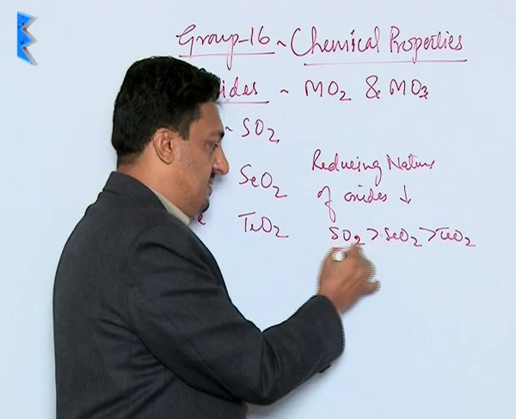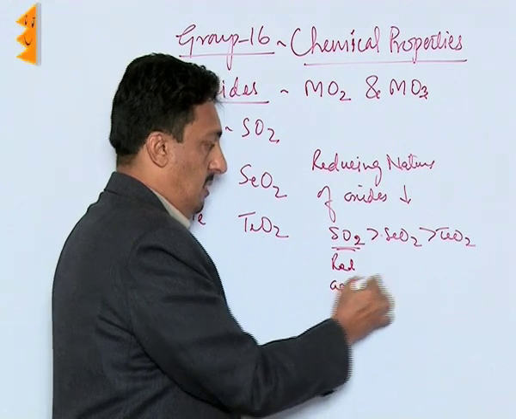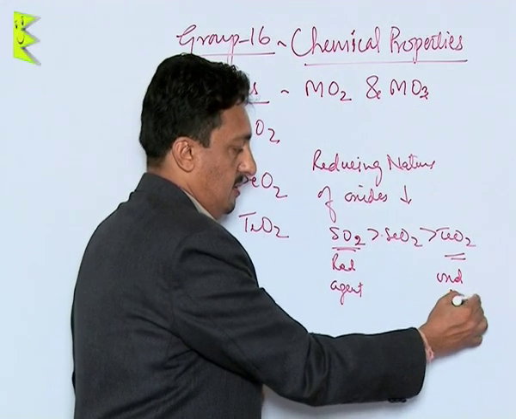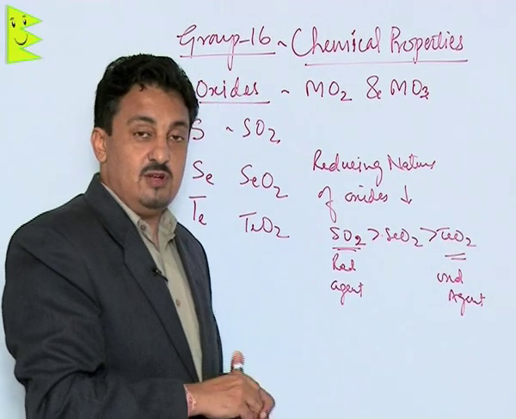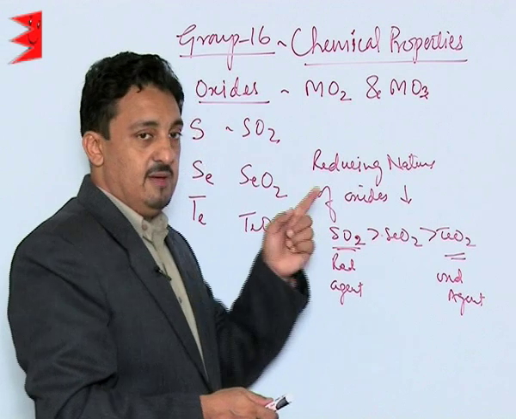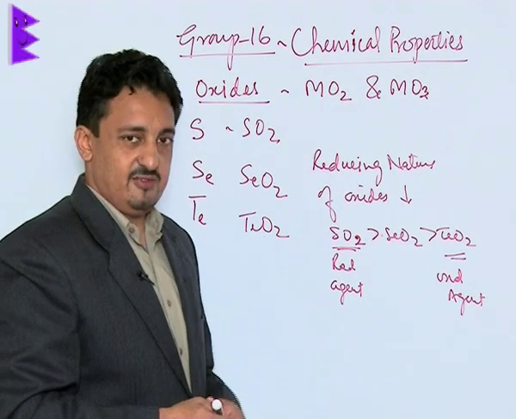SO2 is a strong reducing agent, whereas TeO2 is an oxidizing agent. The reason being tellurium is not very stable in its higher oxidation states, whereas sulfur definitely will be able to get oxidized to SO3, or into the +6 oxidation state.